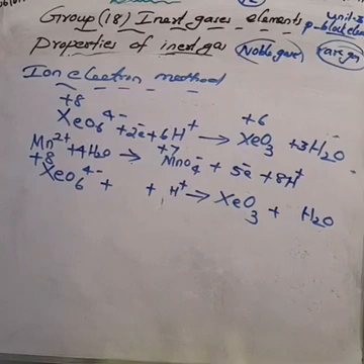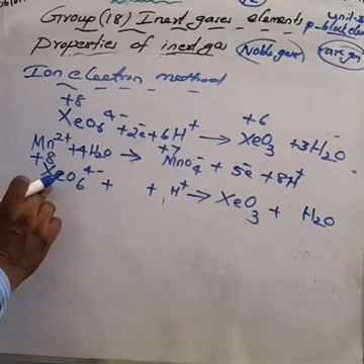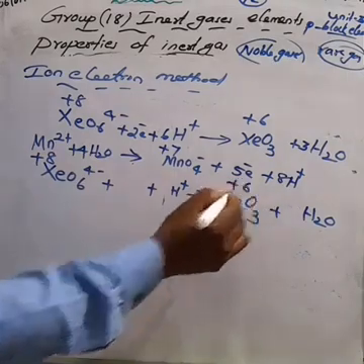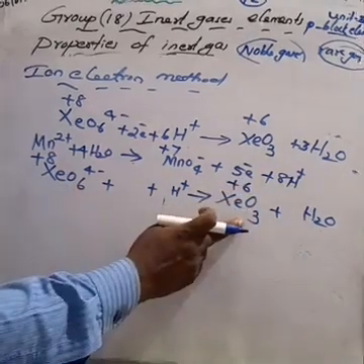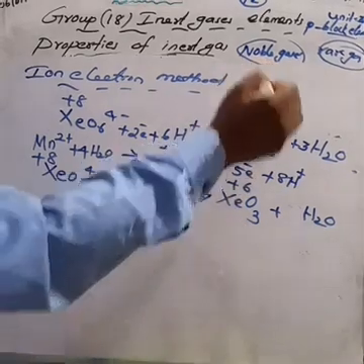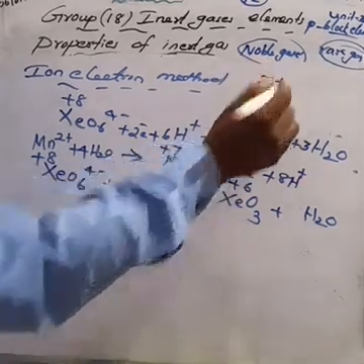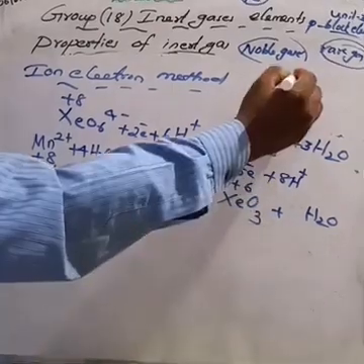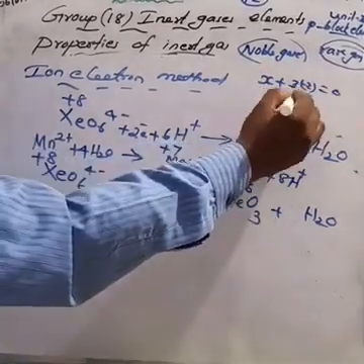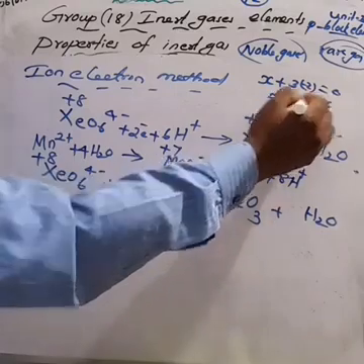So listen all of you. Here the first oxidation state is plus 8, changed to plus 6. What is the xenon trioxide oxidation state for xenon? You have to find out in XeO3. X I am taking as x, how much oxygen is there? 3 oxygen. So 3 into minus 2, x minus 6 is equal to 0. x is equal to plus 6 oxidation state.